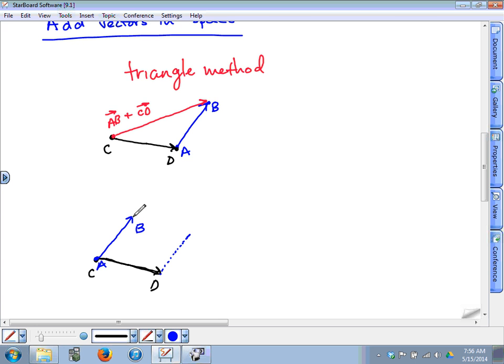Now complete this into a parallelogram like that. Now the resultant vector is going to be starting at point A and ending in the corner of that parallelogram. So that red one would be the sum of vector AB plus CD. That's called the parallelogram method. Kind of fun, huh?